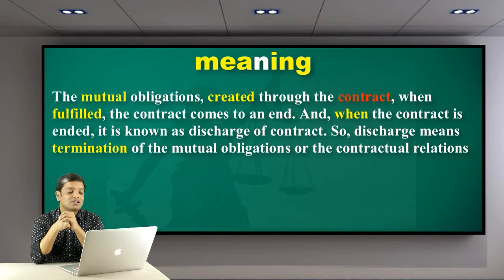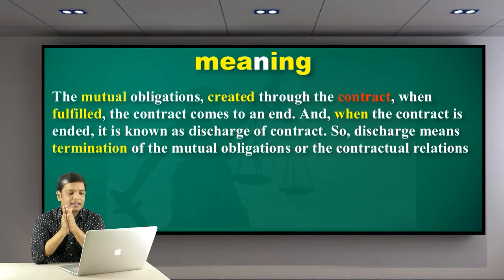So discharge means termination of the mutual obligations or the contractual relations, and hence both the parties are free from each other's obligations. Well, I believe this is a simple definition. You must have understood. Nevertheless, we will discuss what it is saying.